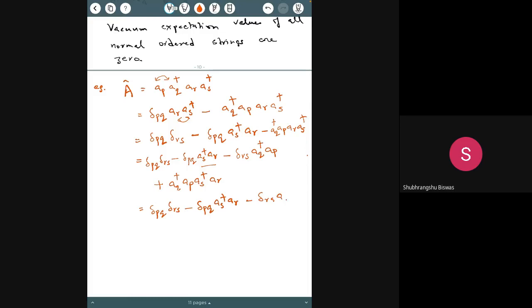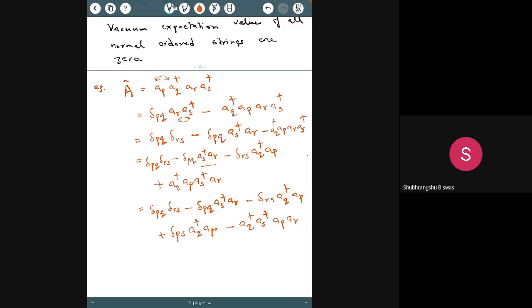So this is already now in normal order, a_q† a_p. The last one still remains. One more step. So delta_ps a_q† a_r minus a_q† a_s† a_p a_r. Okay. So now we got our expression where all the terms are in normal order.